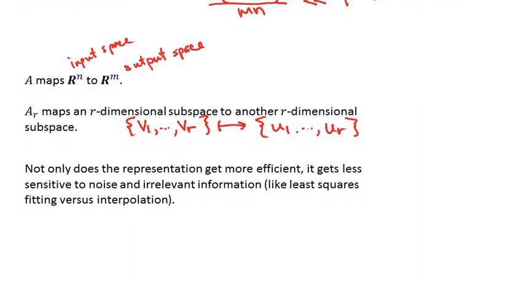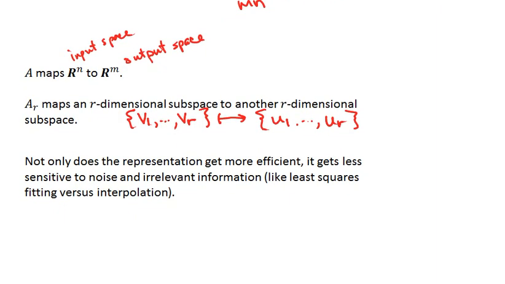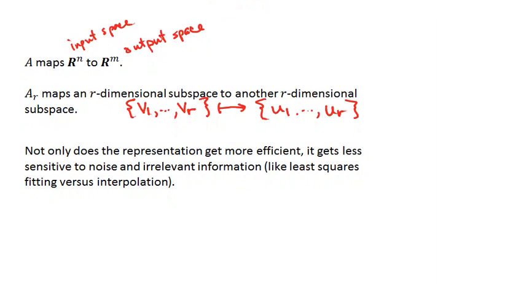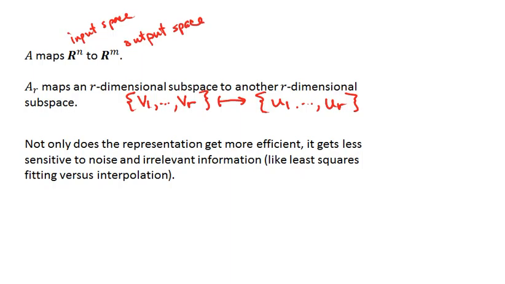So we can describe the action of A, or we can approximate the action of A, in these lower dimensional spaces. And not only is that more efficient, if r is quite small, but in a way it's less sensitive to noise and other kinds of information that might distract us from what the matrix mainly does.